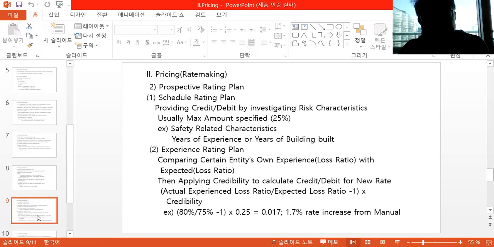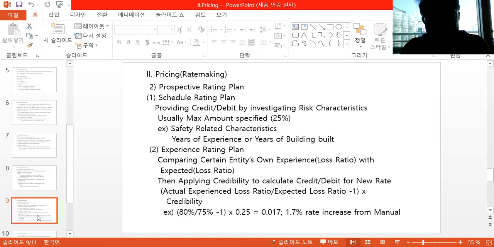In a prospective rating plan, there are three types of rating plan. The first one is called schedule rating plan. A schedule rating plan provides credits and debits by investigating the risk characteristics of the individual risk, here the individual policy.